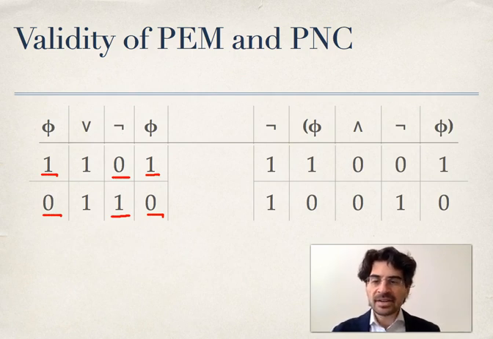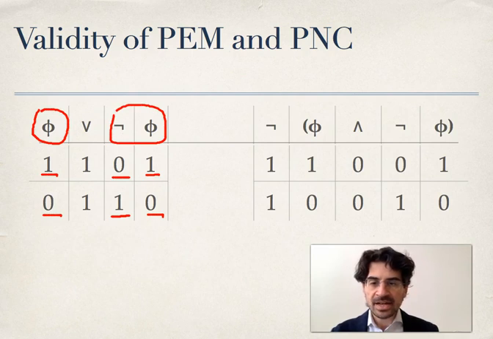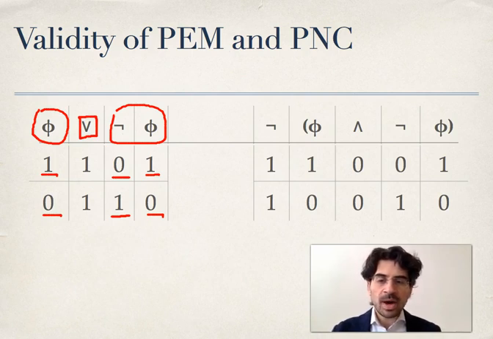Now, the two disjuncts that we need to consider are phi and not phi, and these are combined by the OR symbol, which is the disjunction here. If one disjunct has value 1 and the other disjunct has value 0, so phi has value 1 and not phi has value 0, then the value of the disjunction is 1.